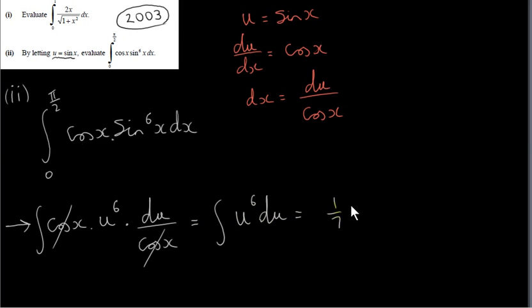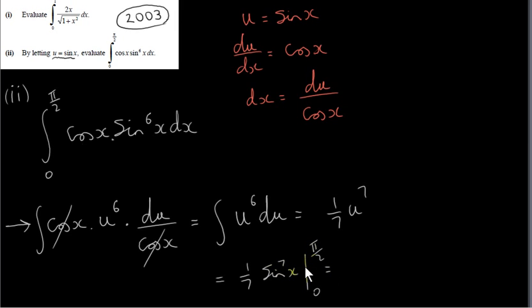This is going to be 1/7 u to the power of 7. That's 1/7 times u, which is sine of x. Sine of x to the power of 7 can of course be written as sine to the power of 7 x. And our limits are from 0 to pi over 2.